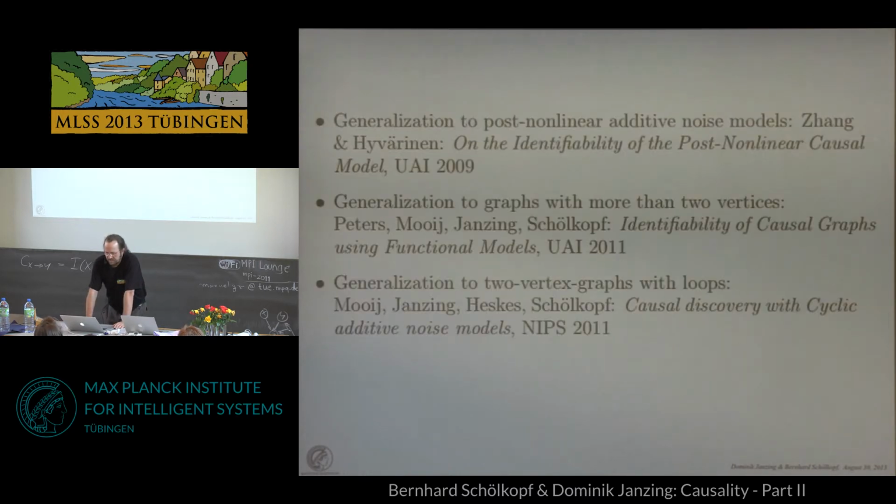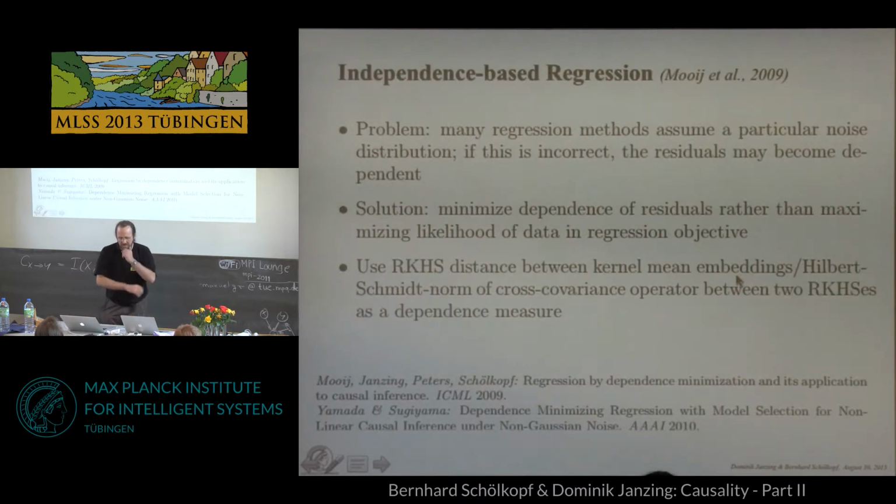You can also generalize to graphs with more than two vertices. If you're willing to make such an assumption that makes the two-variable case identifiable, then you can exploit this also for bigger graphs. For instance, if you assume your graphical model comes from an underlying functional model with additive noise, it turns out the graph learning becomes easier. There's some initial work on graphs with loops as well.